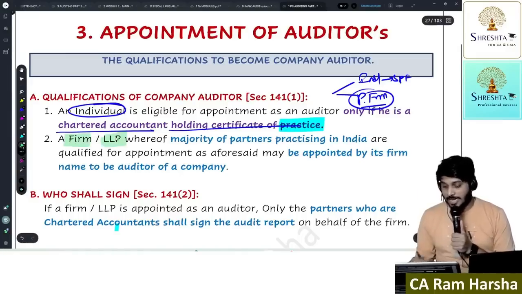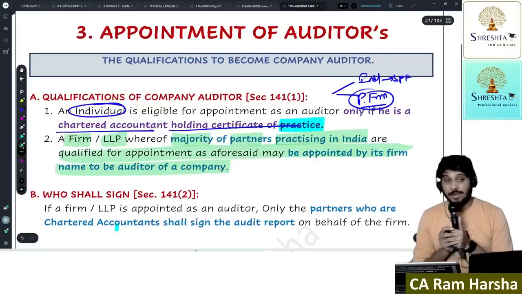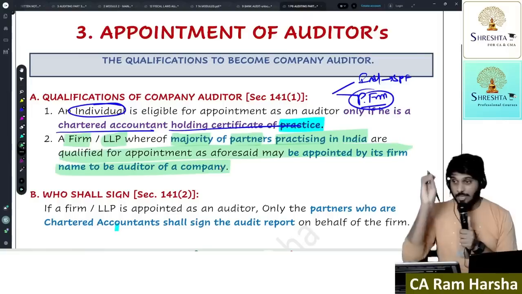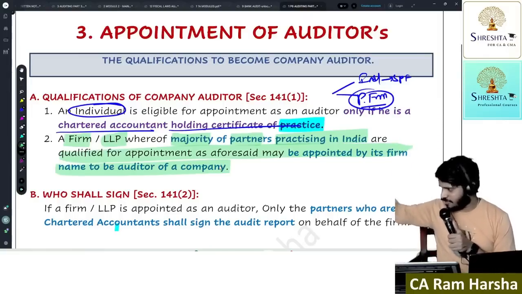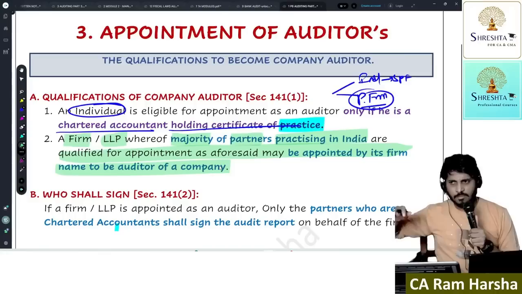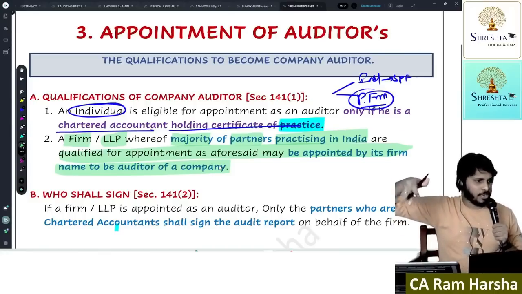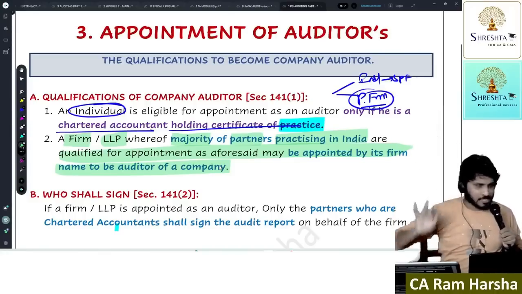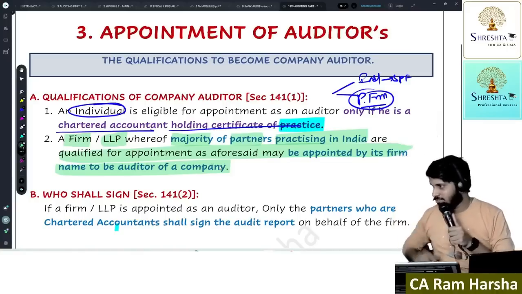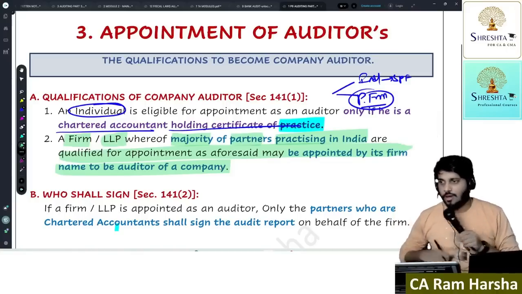A partnership firm or LLP firm where majority partners are practicing in India and qualified. They may be appointed by the company in the name of the firm. The firm itself can be appointed, but the partner of the firm will sign the audit report and the financials. He is called the engagement partner. Understood or not? All of you.